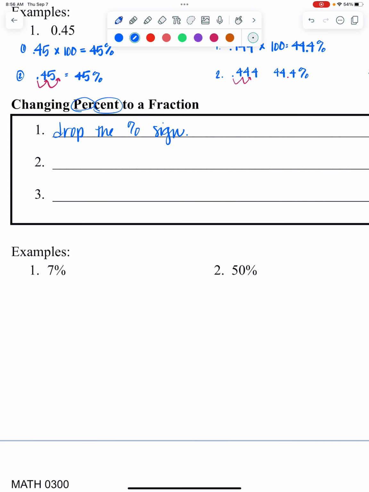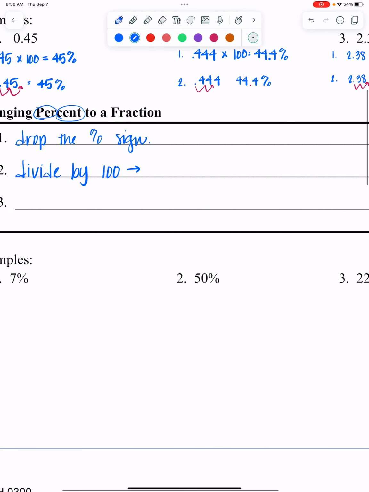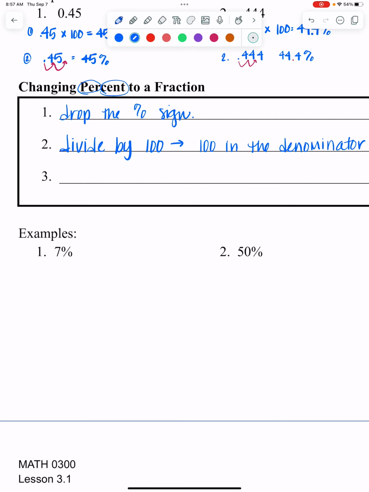Once we drop the percent sign, we are going to divide by 100. And really, we're just going to create a fraction with a 100 in the denominator, and then we'll reduce the fraction if we can.